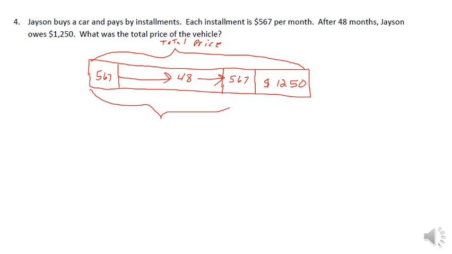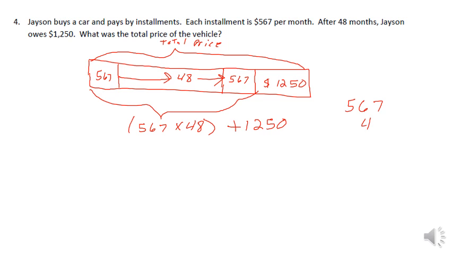So I can tell right here, in order to solve, this is going to be 567 times 48. And then I'm going to have to add $1,250 on there in order to solve for total price. So let's go ahead and do it as a standard algorithm.